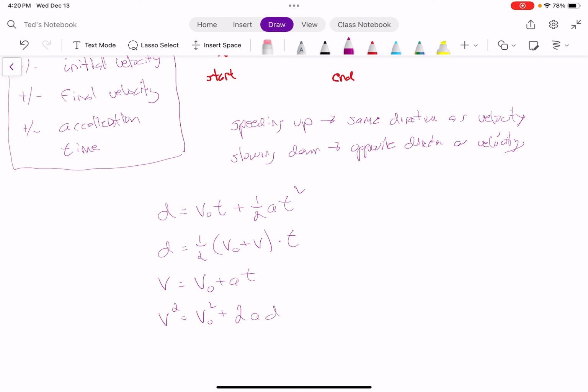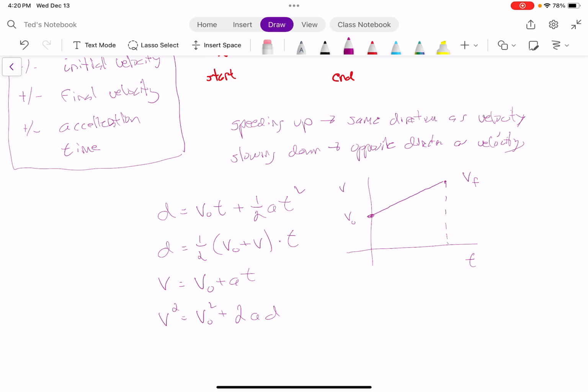Now, there are a couple of things you can do to help you remember these equations. And I do want to refer you back to Physics 1 to remember some of these. But if we have a velocity versus time graph, and we have an initial velocity and a final velocity, and we have constant acceleration, we're going to have a straight line between the initial velocity and the final velocity.